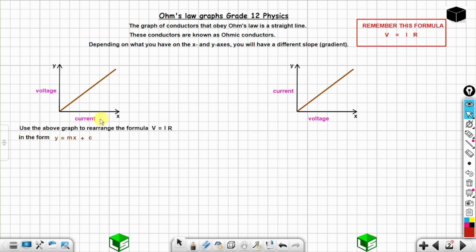So we go back to our problem. You have to use the above graph to rearrange this formula in the form y is equal to mx plus c, so y is the subject of the formula. Using this graph, voltage will be the subject of the formula because voltage is on the y-axis.